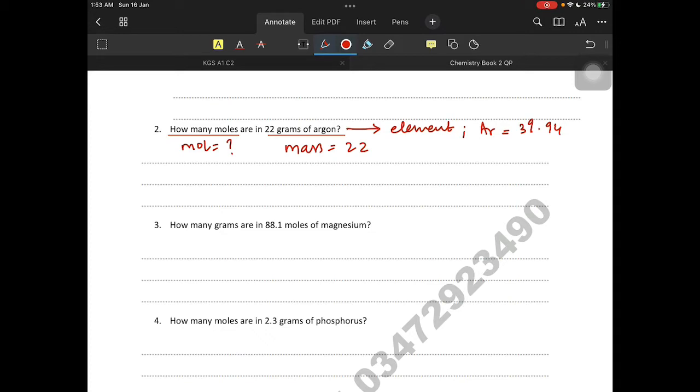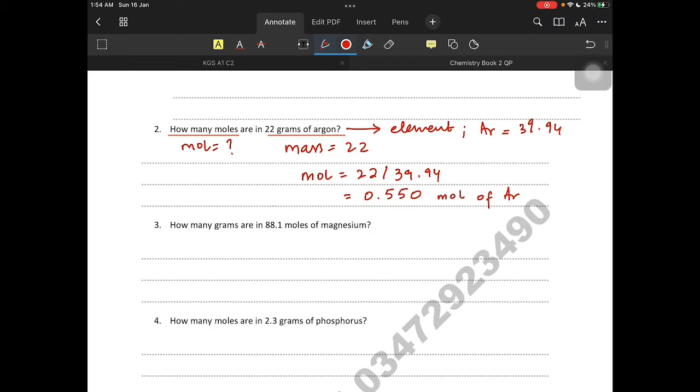When we find the number of moles, mole equals 22 divided by 39.94. Finally we get 0.550 moles of argon.